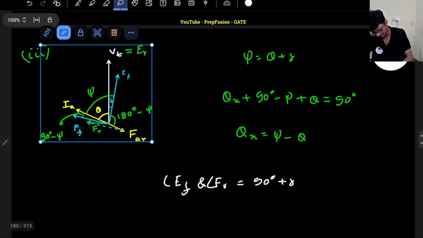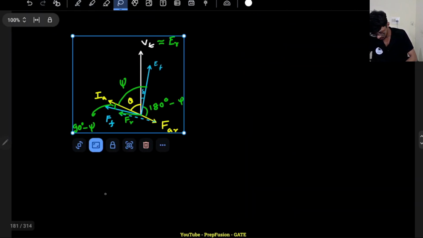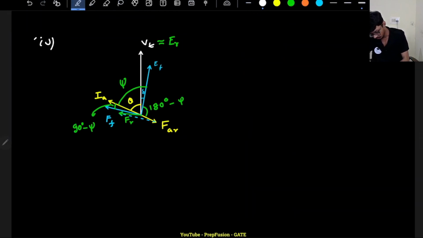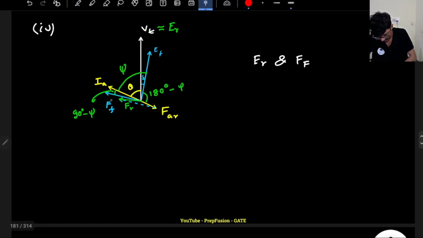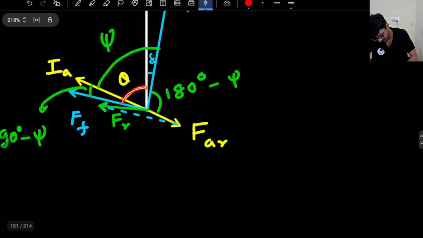Let's solve the fourth one. I have to find out the resultant EMF angle and the air gap excitation MMF, that is Ff. So Ff is somewhere around here, Er is somewhere around here. This whole angle is 90. If I just subtract this much angle, I will be able to find out the angle between Ff and Er. This angle is simple delta.